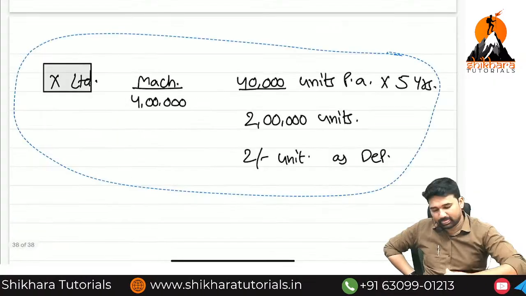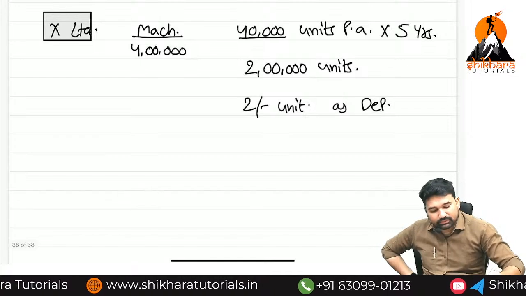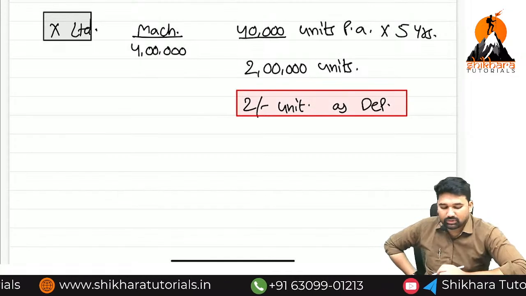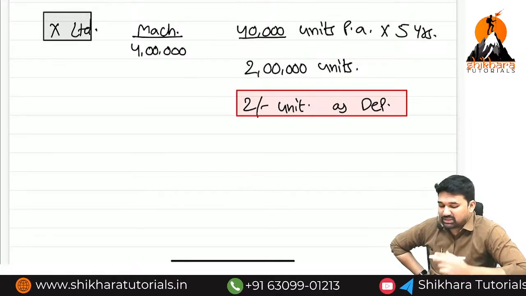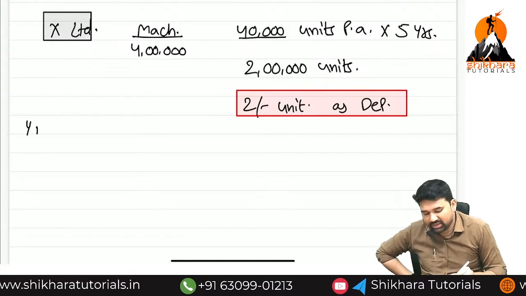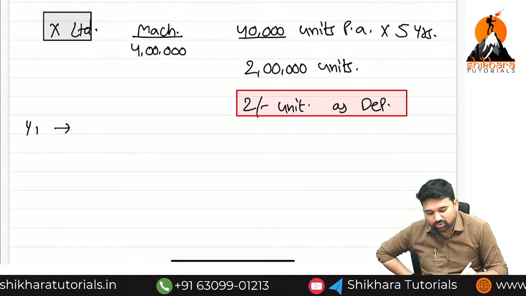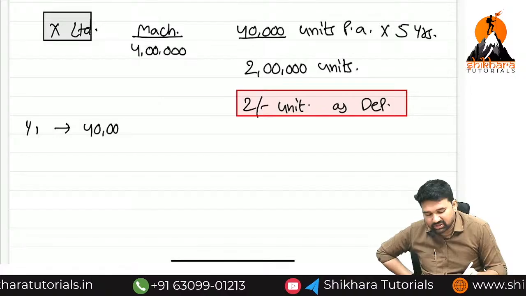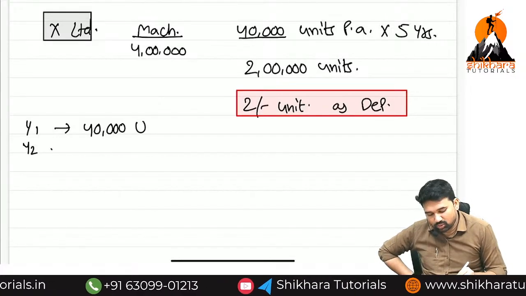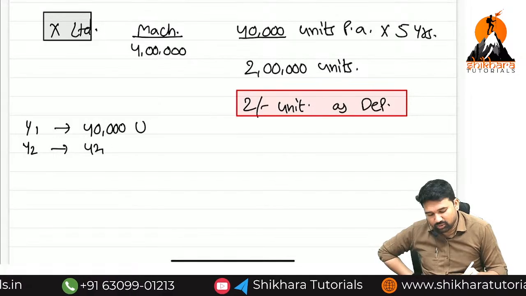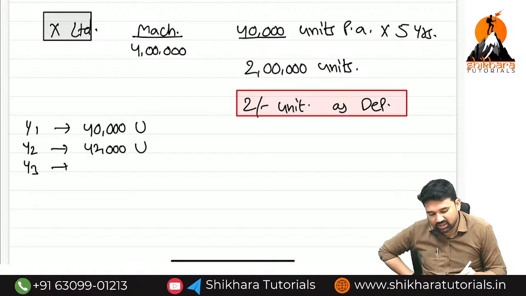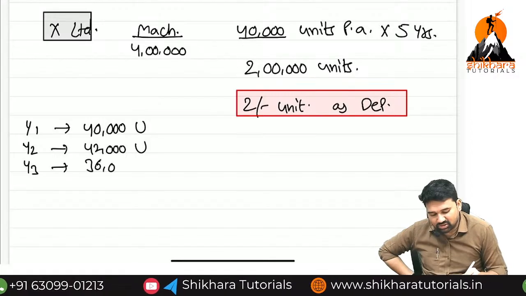So listen carefully. What is the depreciation rate? 2 rupees per unit we are going to charge. The actual data came out like this. In year 1, we produced 40,000 units. Year 2, we produced 42,000 units. In year 3, we produced 36,000 units.